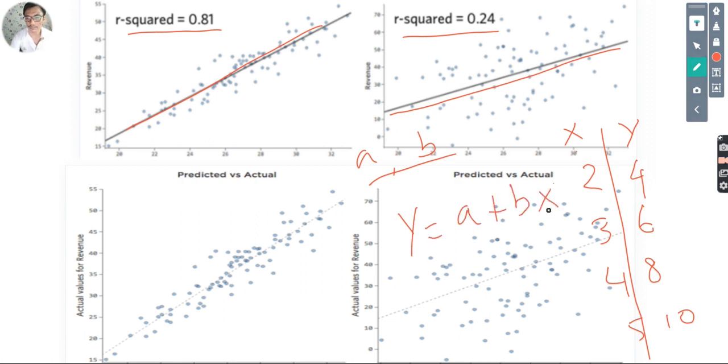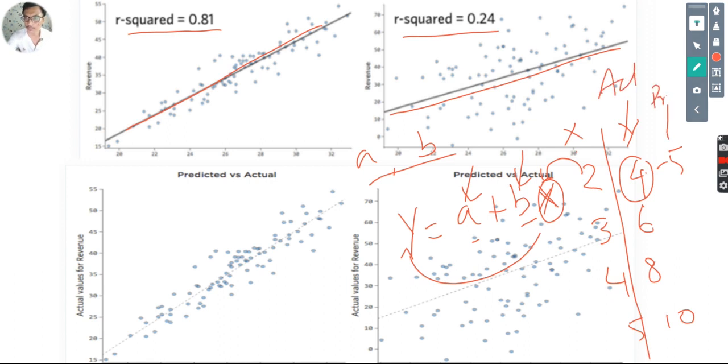You will get a value of b and a value of a. Now when you replace x by 2, you find a value of y, which may not be 4, it may be, suppose, 5. So this is called the actual value and this is called the predicted value.